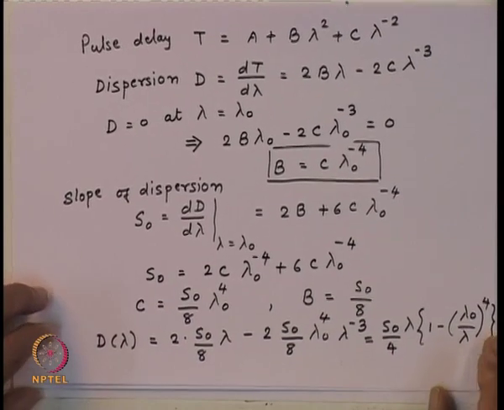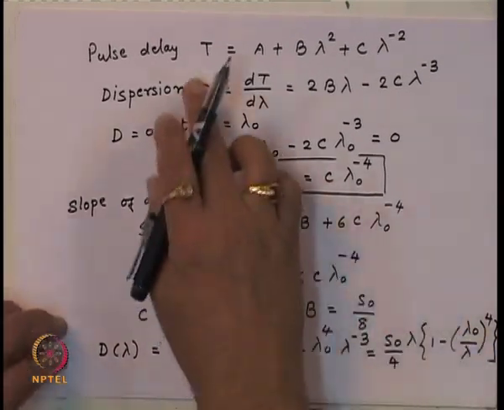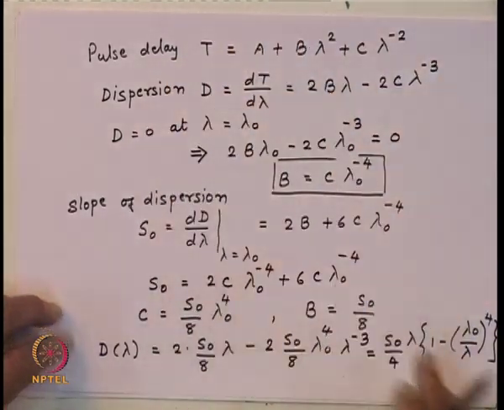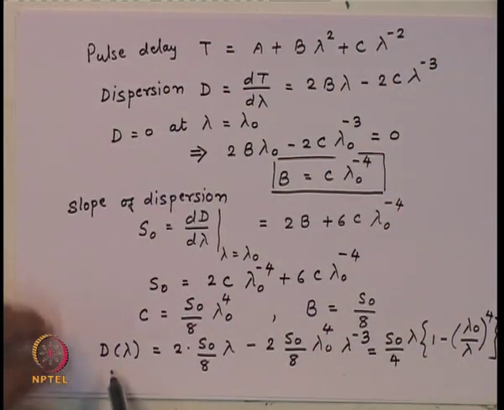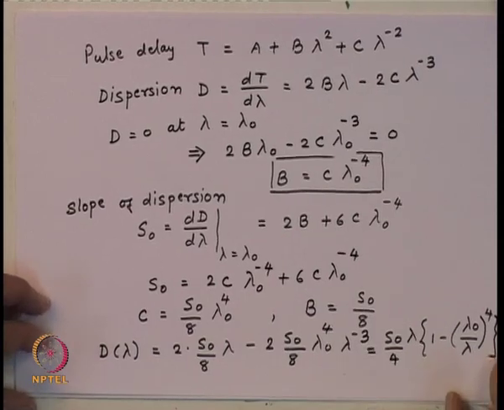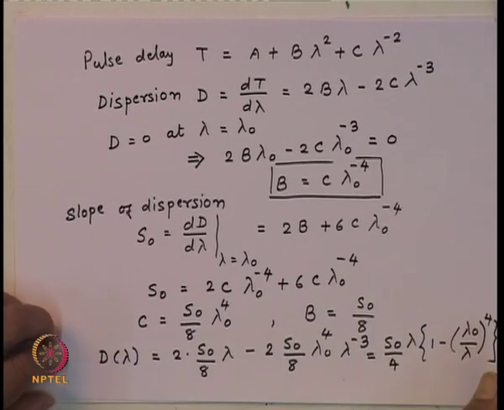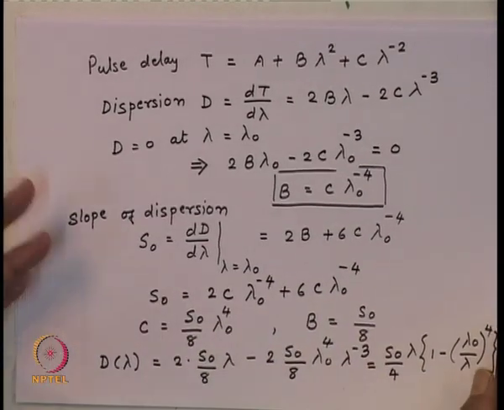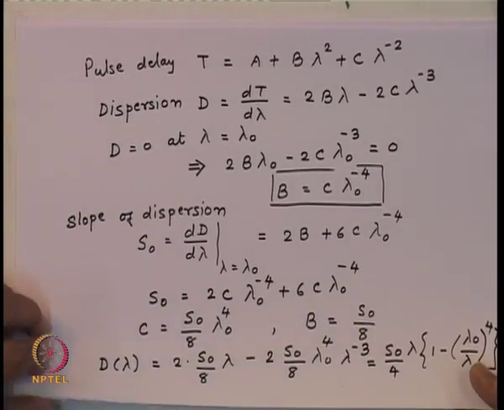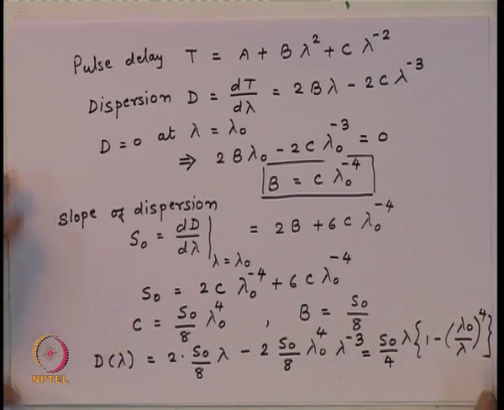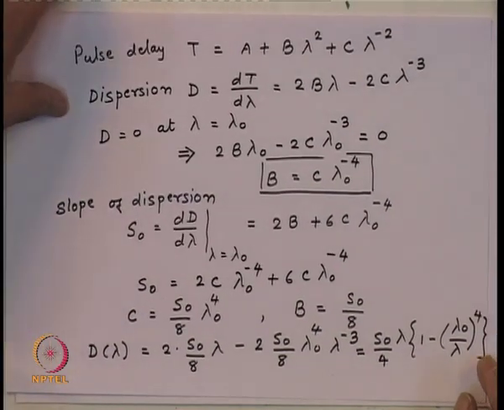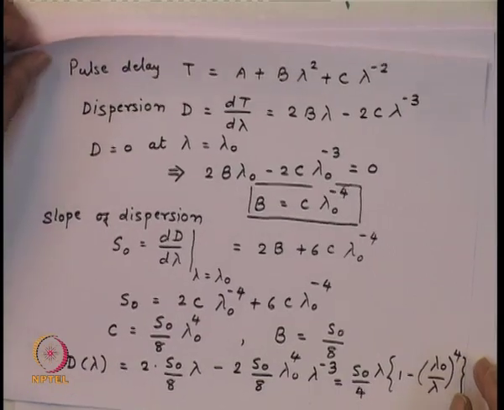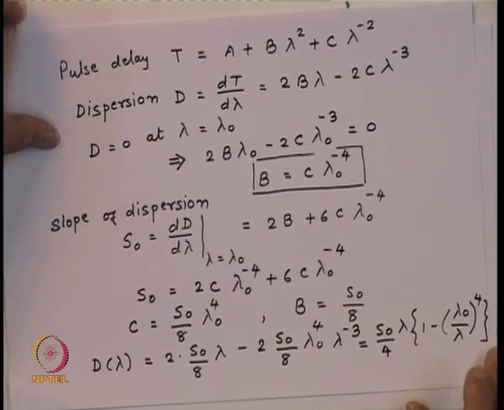Now, many times the dispersion characteristics of an optical fiber is approximated by this kind of relation, and the dispersion on the optical fiber can then be calculated in the vicinity of the 0 dispersion wavelength by using this simple formula. So, this is more like a practical problem, because that is the way many times the dispersion characteristics are approximated, and one can calculate the dispersion of the optical fiber at other wavelengths in the vicinity of the 0 dispersion wavelength.